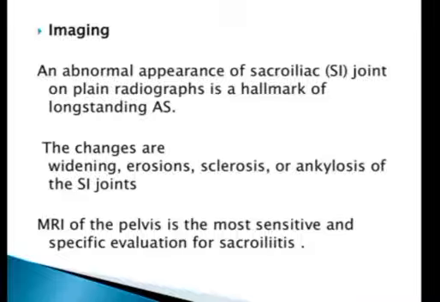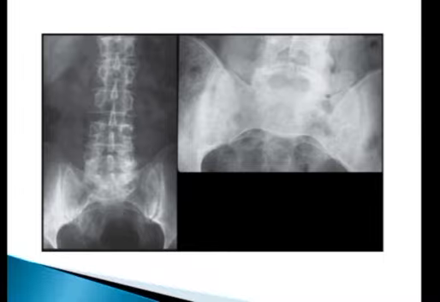The changes are widening, erosion, sclerosis, or ankylosis of the joints. MRI of the pelvis is the most sensitive and specific evaluation for sacroiliitis.